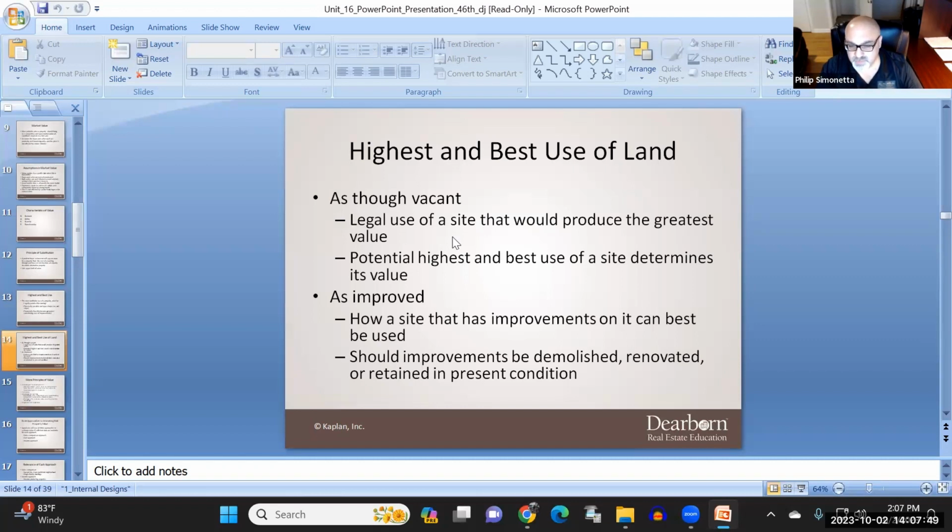Should the improvements be demolished, renovated, or retained in the present condition? Like this gas station, they already took the tanks out. It's a convenience store now. They should knock that down, clear it out, and build something. That's what the buyer's probably going to do. They're not going to use the convenience store there. Does that give you an example of how highest and best use works?